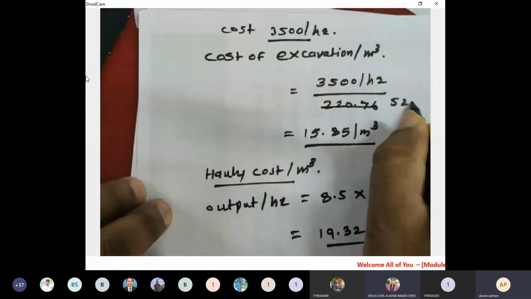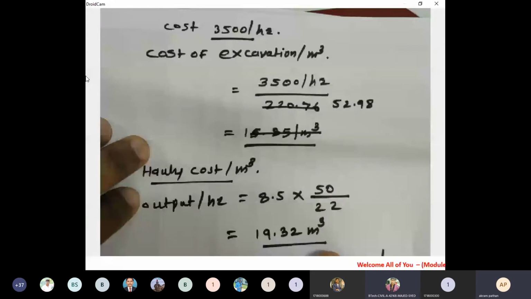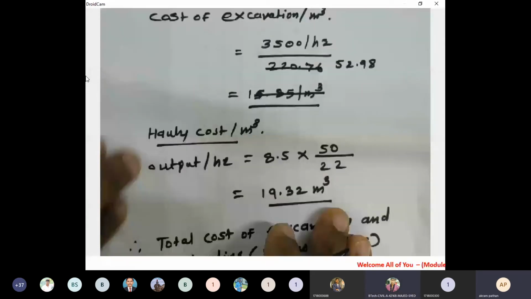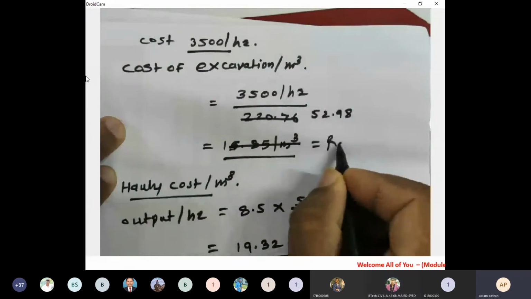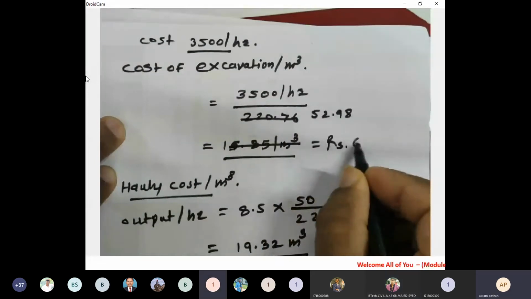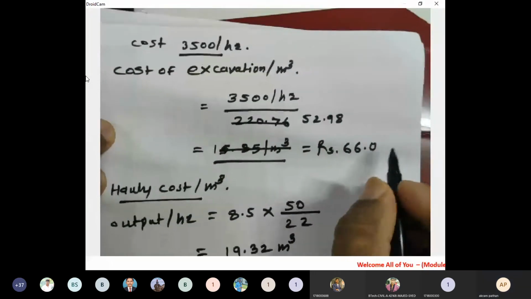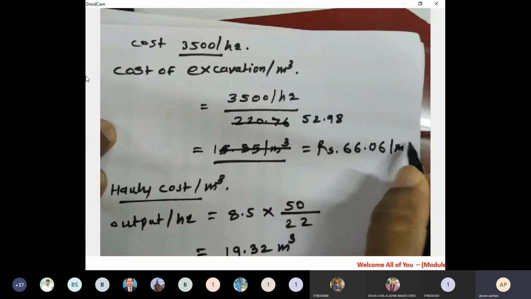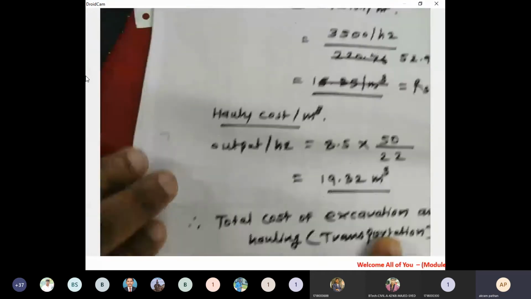So how much is 3500 per hour divided by 52.98? It is 66.06 rupees per meter cube.